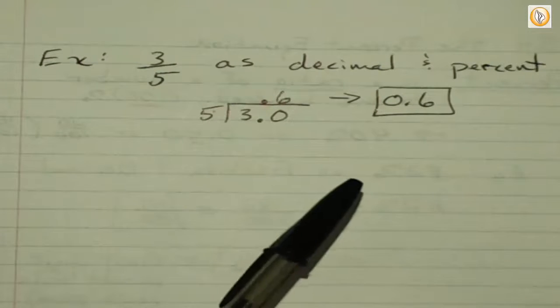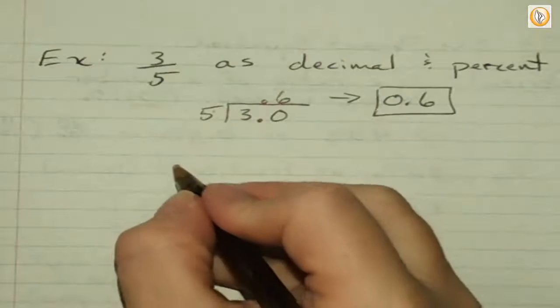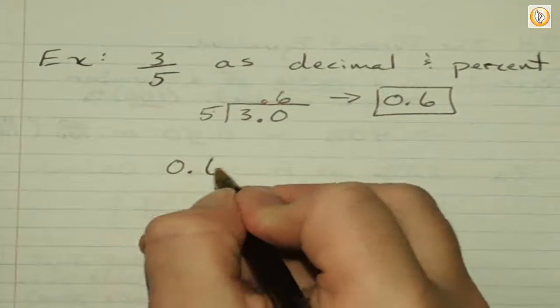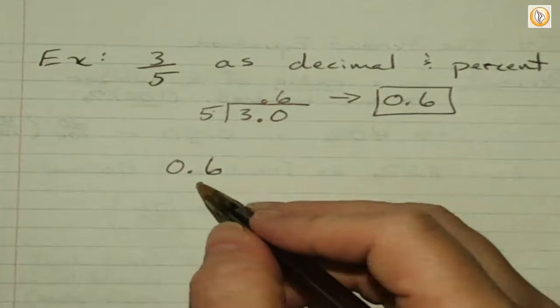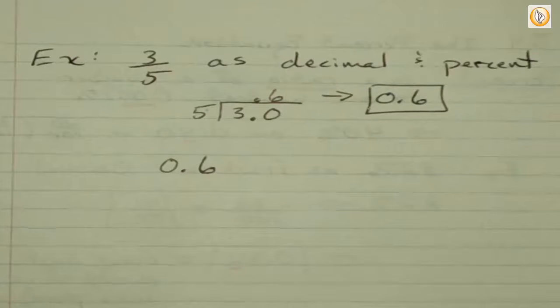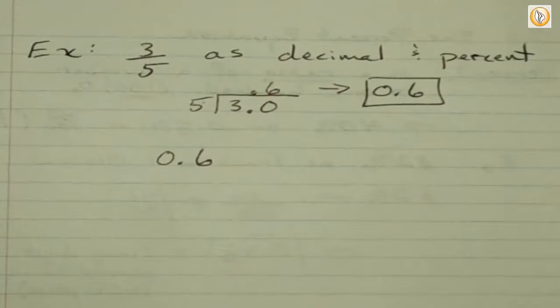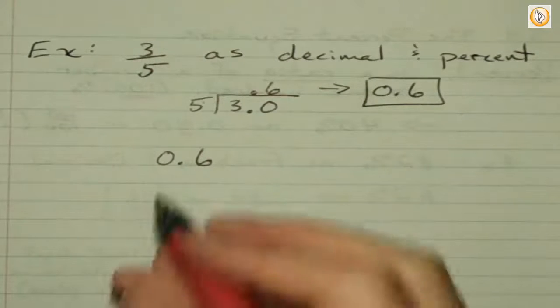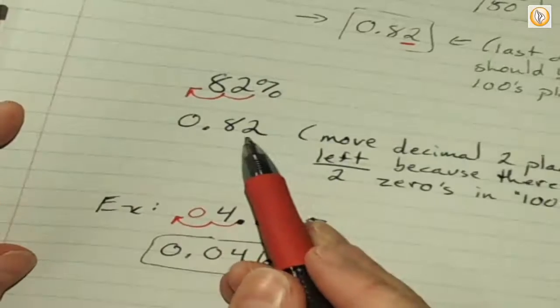Now, once we have that, we can change that to a percent. Now, if it's already a decimal, how many times do we move the decimal, Taylor? Twice. Which direction? To the right. Because before, we were going from a percent to a decimal, and we went left.